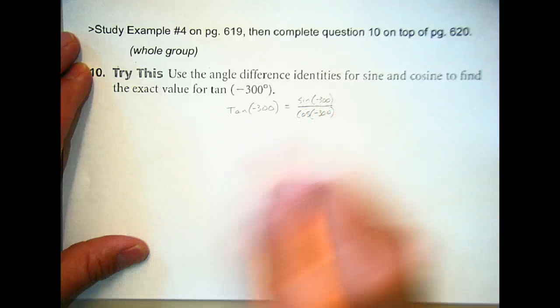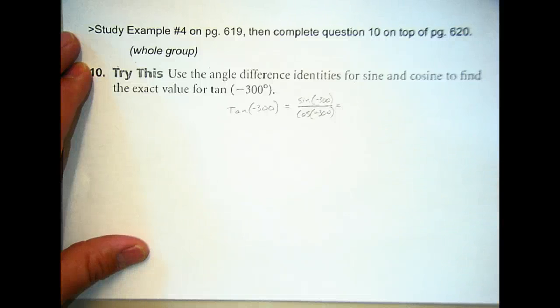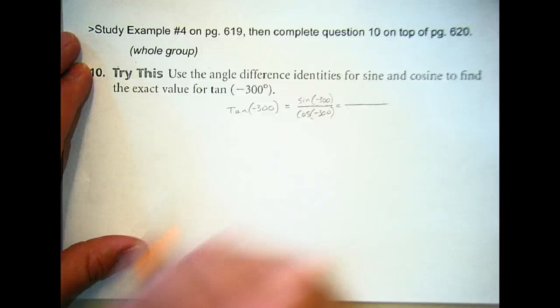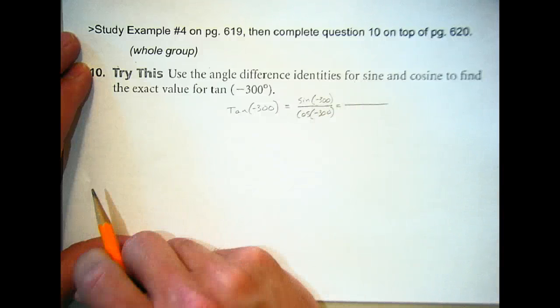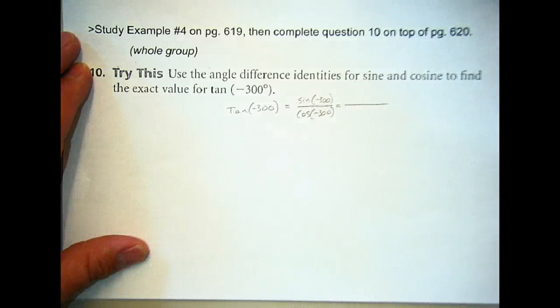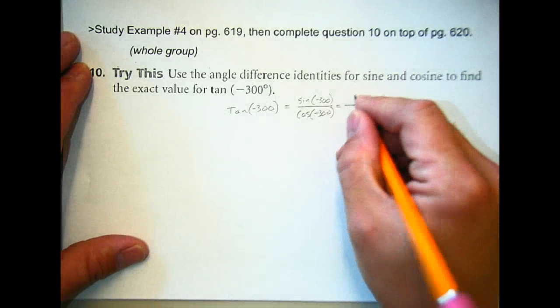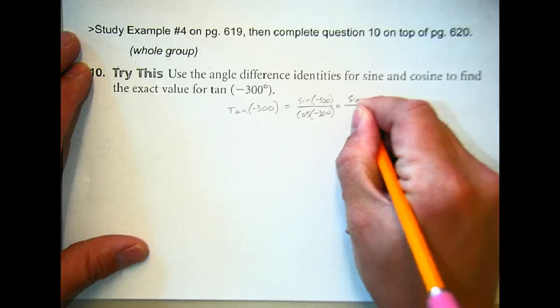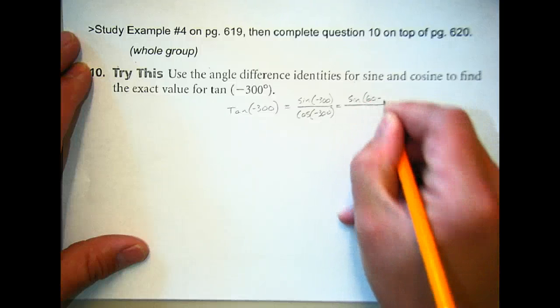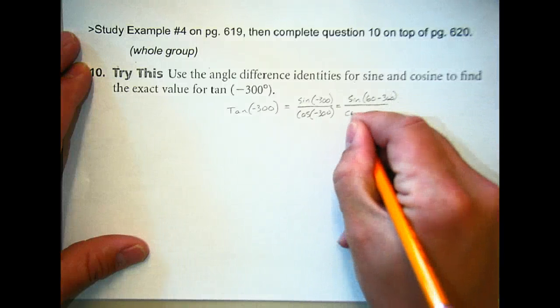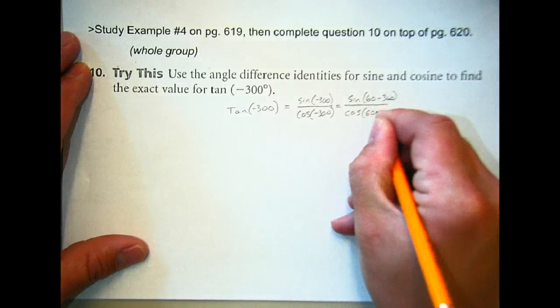If you think of that in terms of addition or subtraction, two angles that add or subtract to make 300, you can come up with a bunch of them. If you try to stick with quadrant 1, you could say sine of 60 minus 360, and cos 60 minus 360.